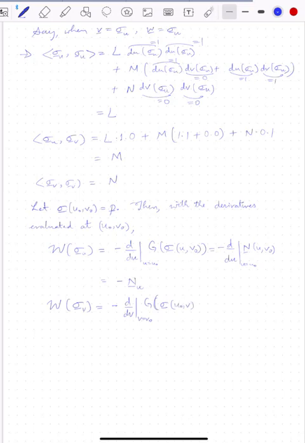So this is equal to minus d by dv at v equal to v naught, and you have n at u naught comma v.